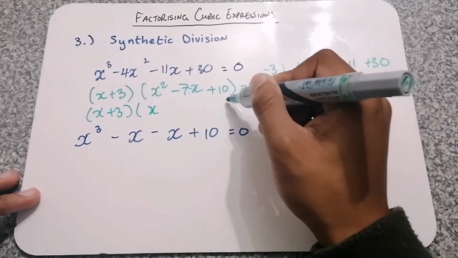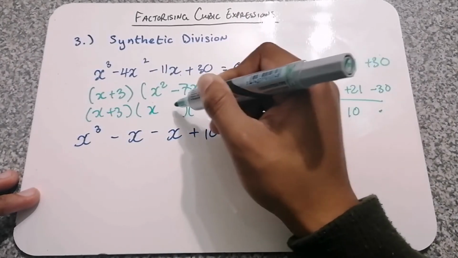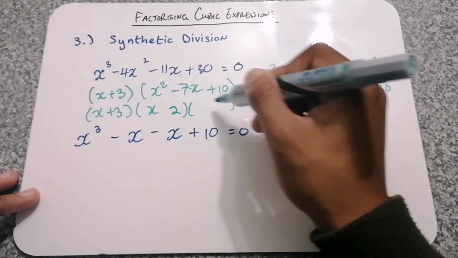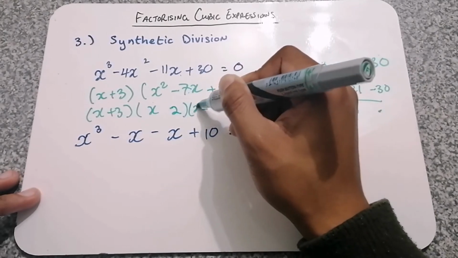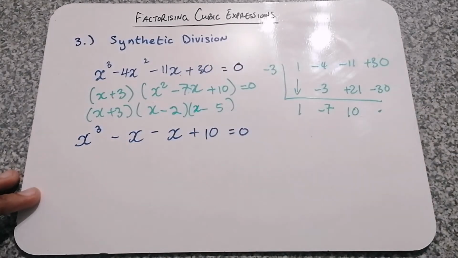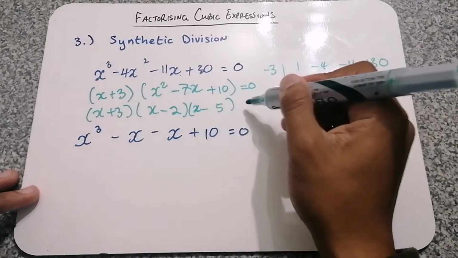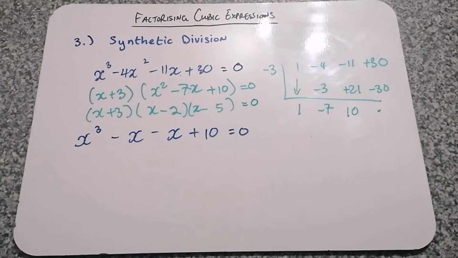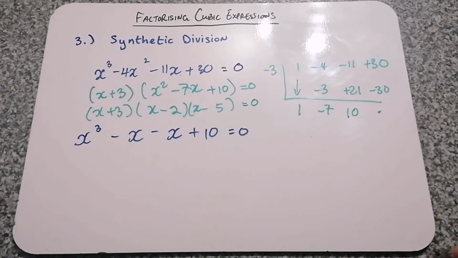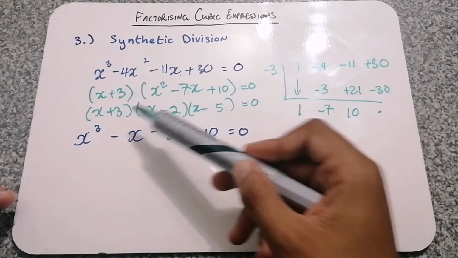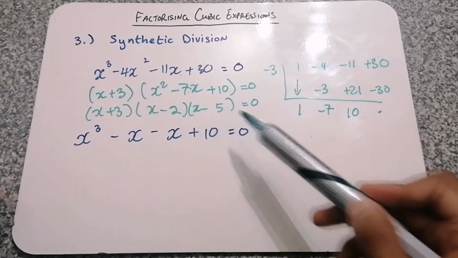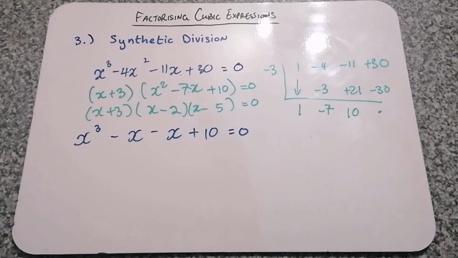The factors of 10 to give us the 7 are -5 and -2. Therefore you can now read off your x intercepts, or your x solutions. It's -3, it's 2, and it's 5. And we did it via synthetic division.